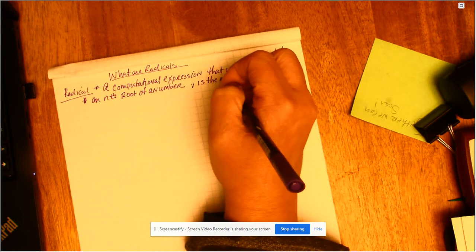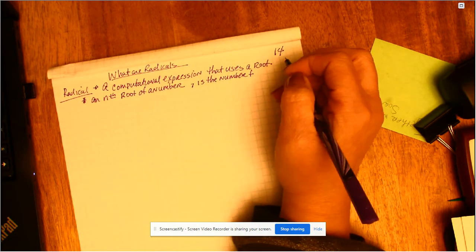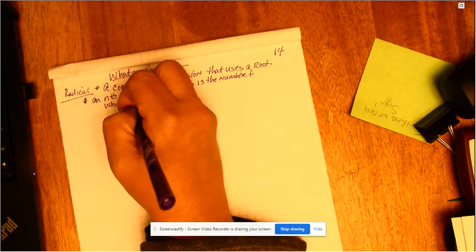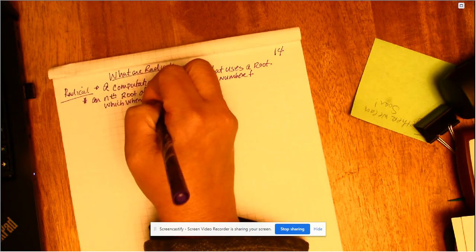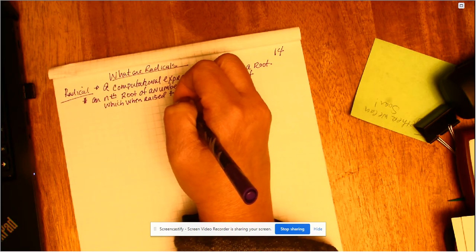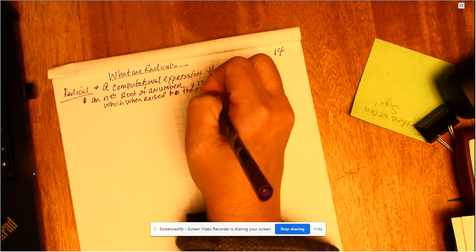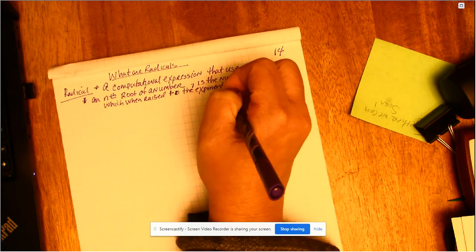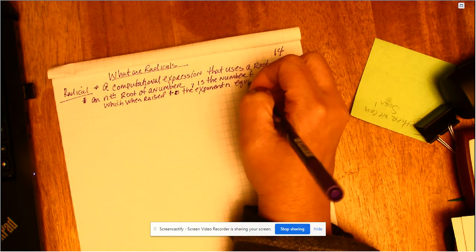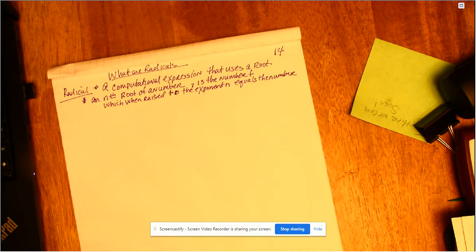is the number f which, when raised to the exponent n, equals the number.